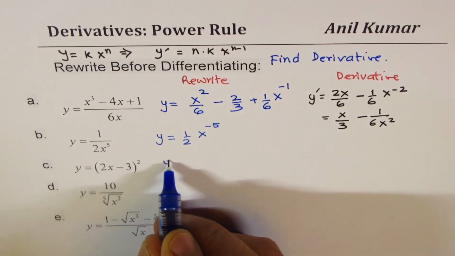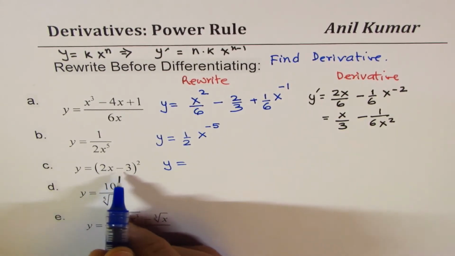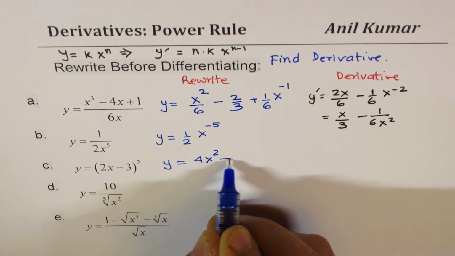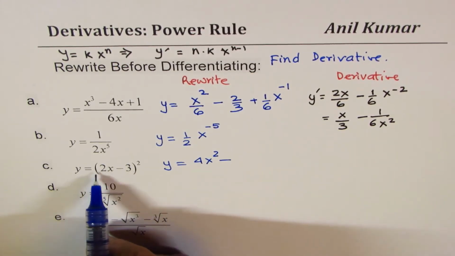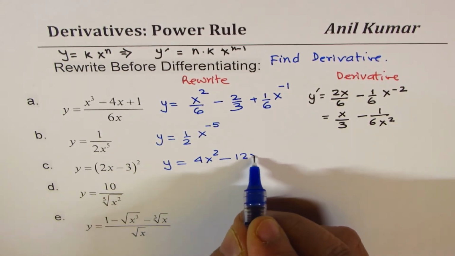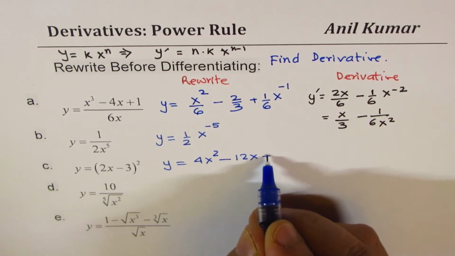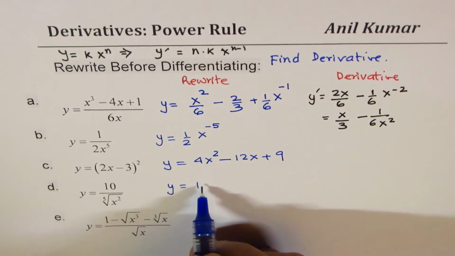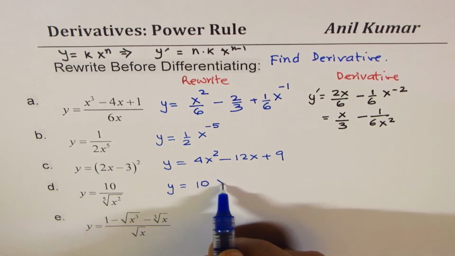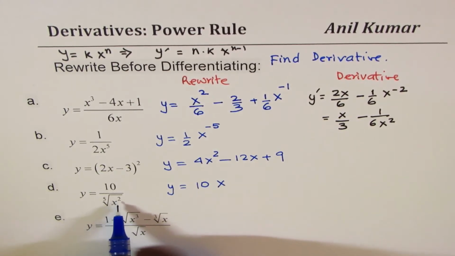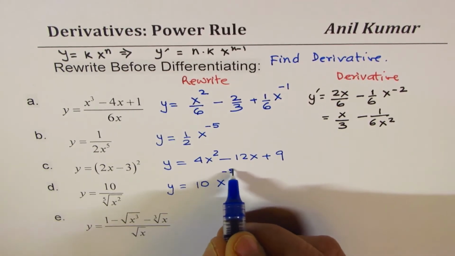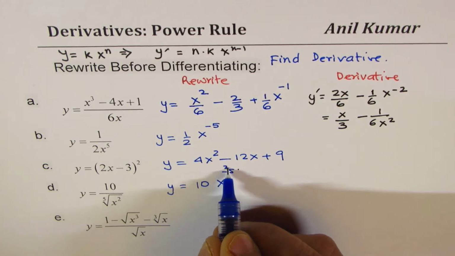We could write y equals (2x minus 3) whole squared as 4x squared minus 2 times these terms, 4 times 3 is 12x, and plus 9. This expression could be written as y equals 10 times x to the power of, this is 2 over 5 in the denominator, so I could write this as minus 2 over 5.